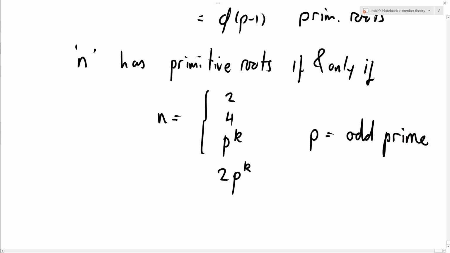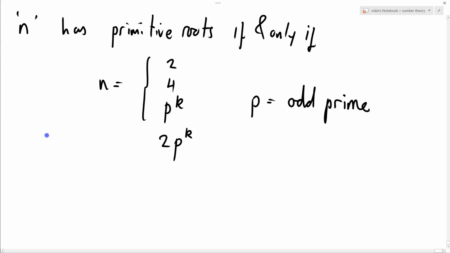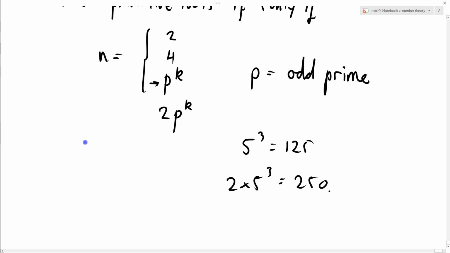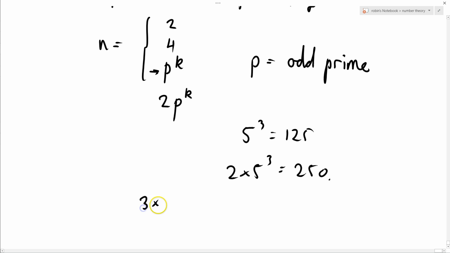Okay, and if n is of that form, n has a primitive root. So, for example, 5 cubed equals 125 has a primitive root because it's of this form, or 2 times 5 cubed, which is 250. But a number like 3 times 5 equals 15 has no primitive roots because it's not in this form.